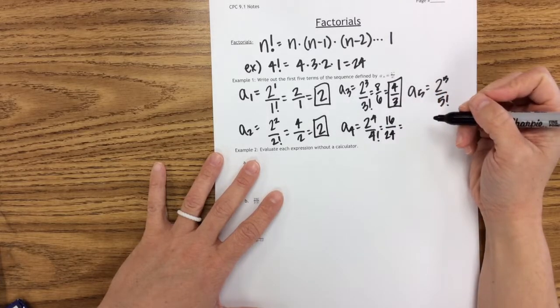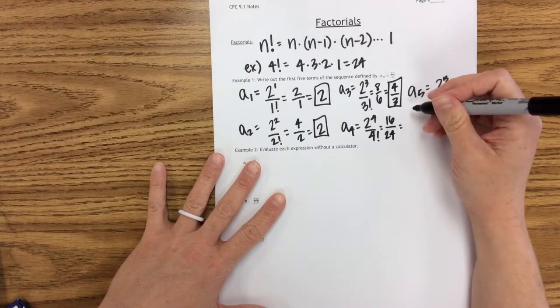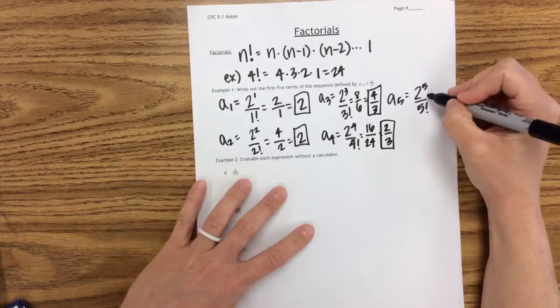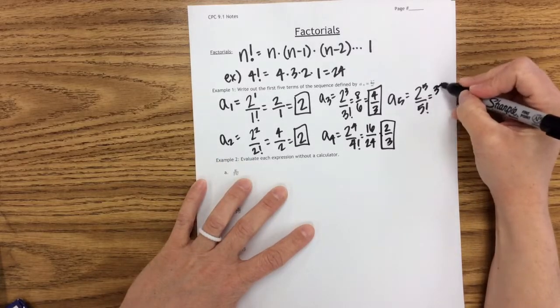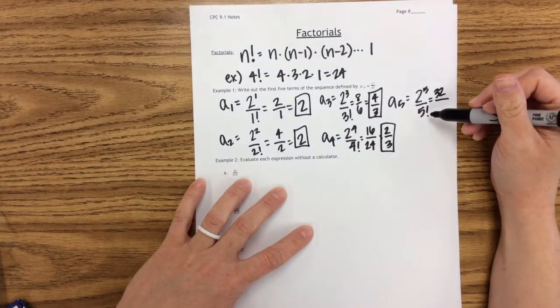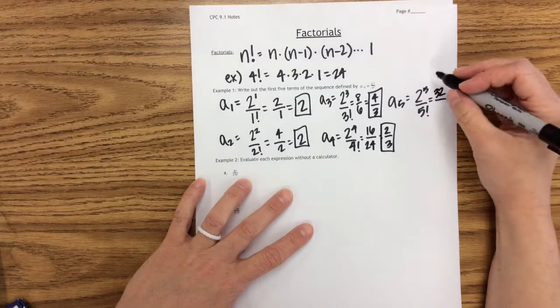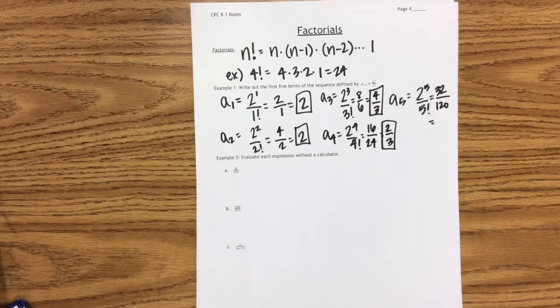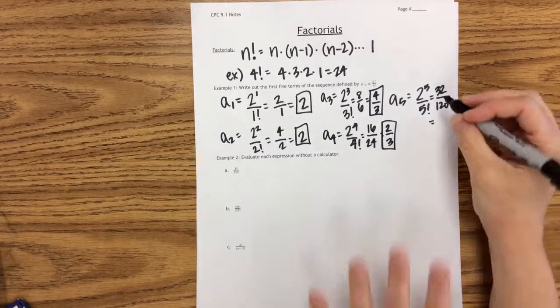So reduced, they're both divisible by 8. 2 thirds. And then 2 to the 5th is 32. That would be 120. So reduced, four 15ths.